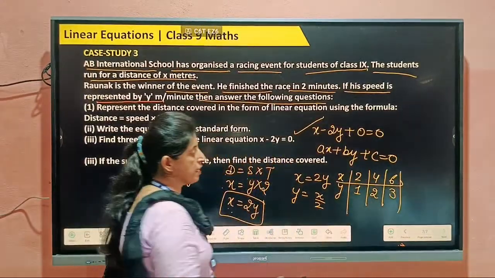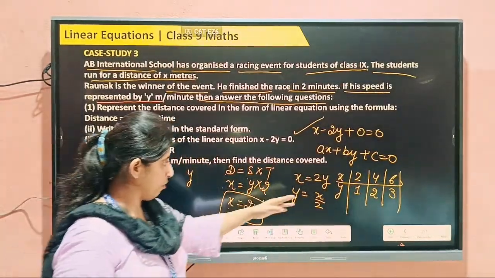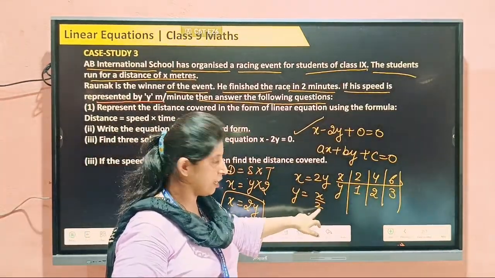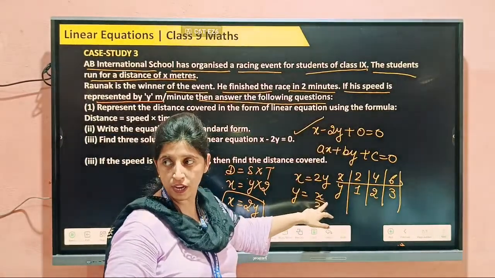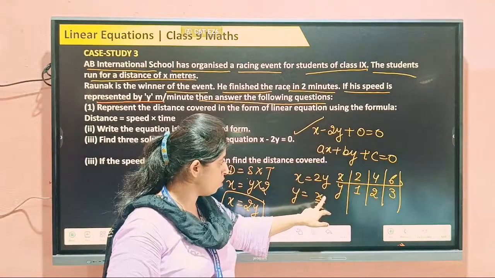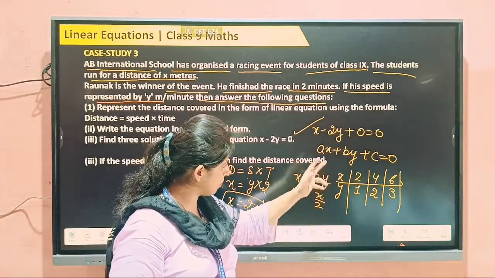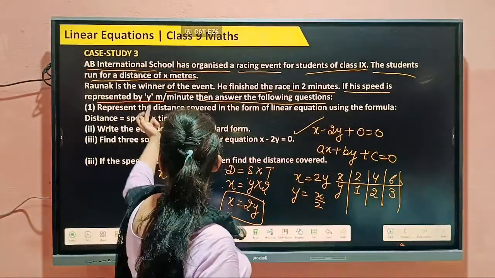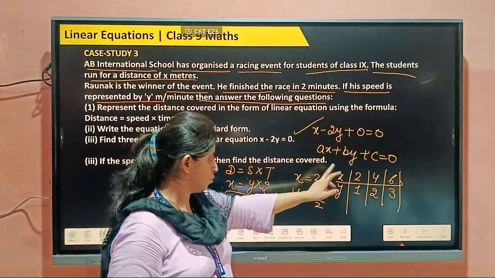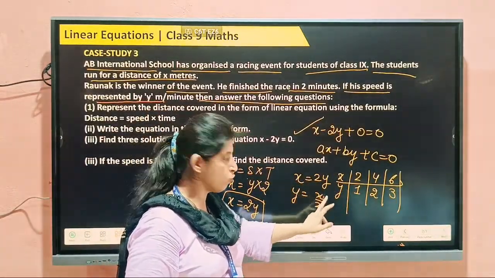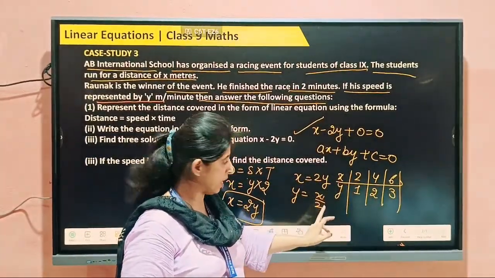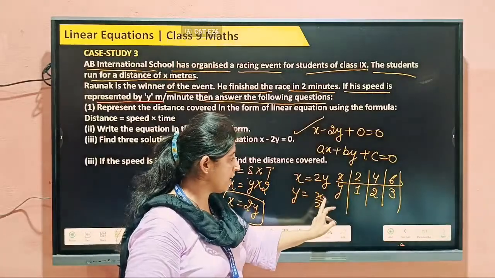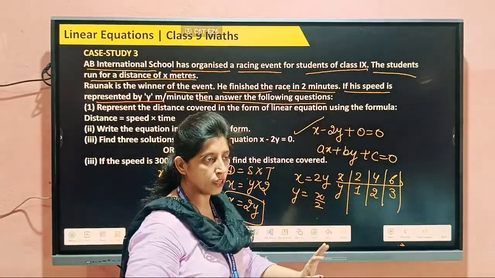I am putting the table of 2, because in the denominator 2 is there. If speed is meter per minute, then 2 by 2 is 1, distance is 1. If speed is 4, then distance is 2. If speed is 6, then distance is 3.